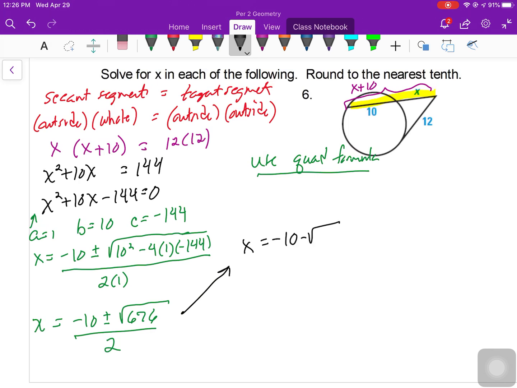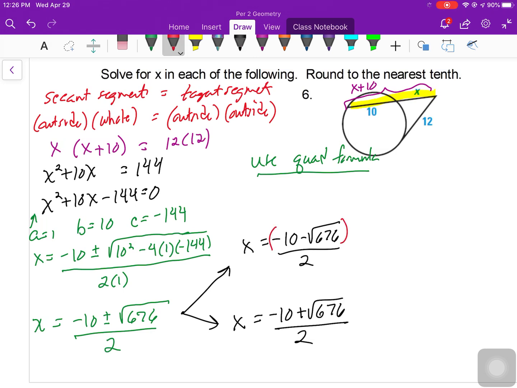Now I'll split it into the two parts, one using the negative, x equals negative 10 minus the square root, 676, all over 2. The other using the positive, x equals negative 10 plus the square root, 676, all over 2. I want to remind you that when you put these in your calculator, it's important to enclose the whole top in a parenthesis.